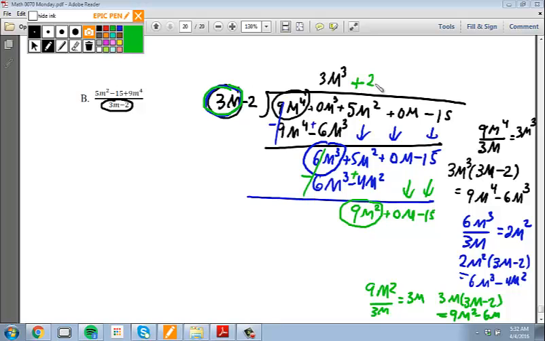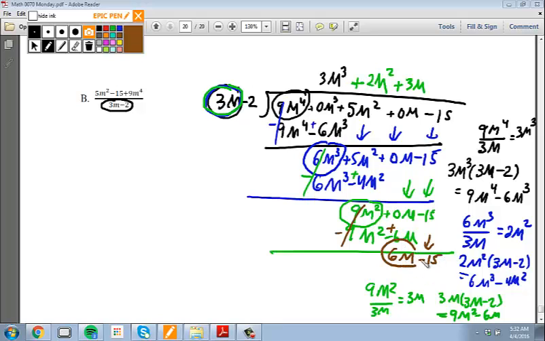I'm so sorry. I didn't even realize I didn't write any of them at the top. Alright, so now I have 9m squared minus 6m. I need to actually change the sign, so minus plus, so 9 minus 9 is 0. 0 plus 6 is 6, so 6m, and bring down the 15. Then I start over again.